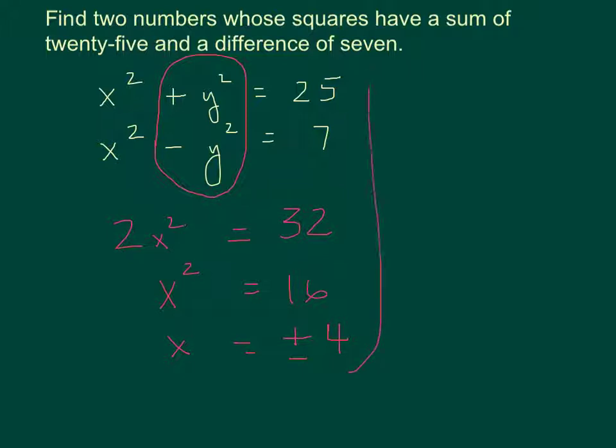So let's just make a little room over here. And positive or negative 4, doesn't matter which one, when we replace x with either a positive or negative 4 and square it, we wind up with 16 out of each one.